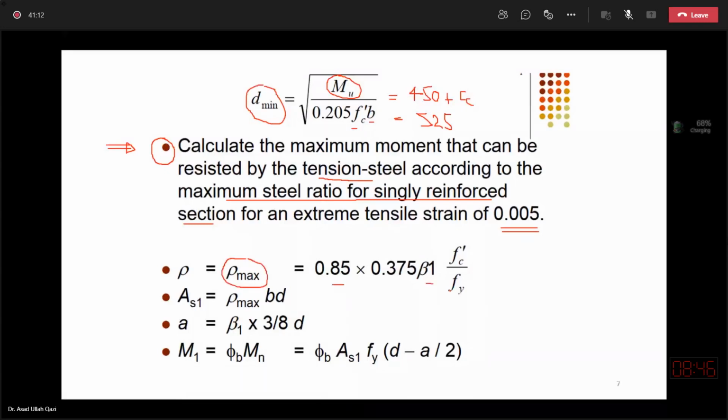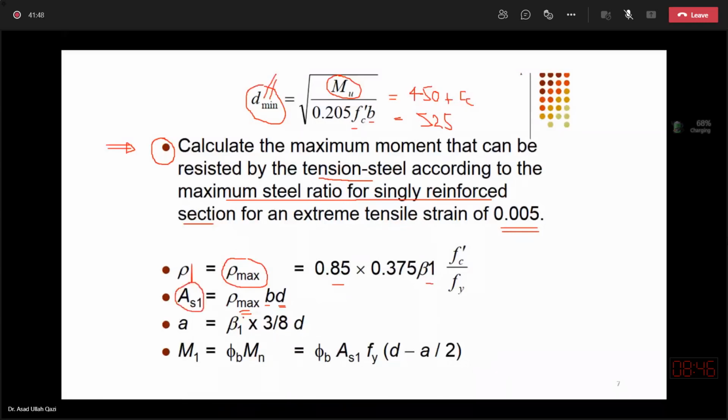Multiply that rho max with the b of the cross section and with the d which was allowed by the architect, the maximum permissible effective depth, which obviously is less than d minimum required for singly. So you are using rho max of singly and the allowed effective area b into d, and in this way the area you get you will call As1.